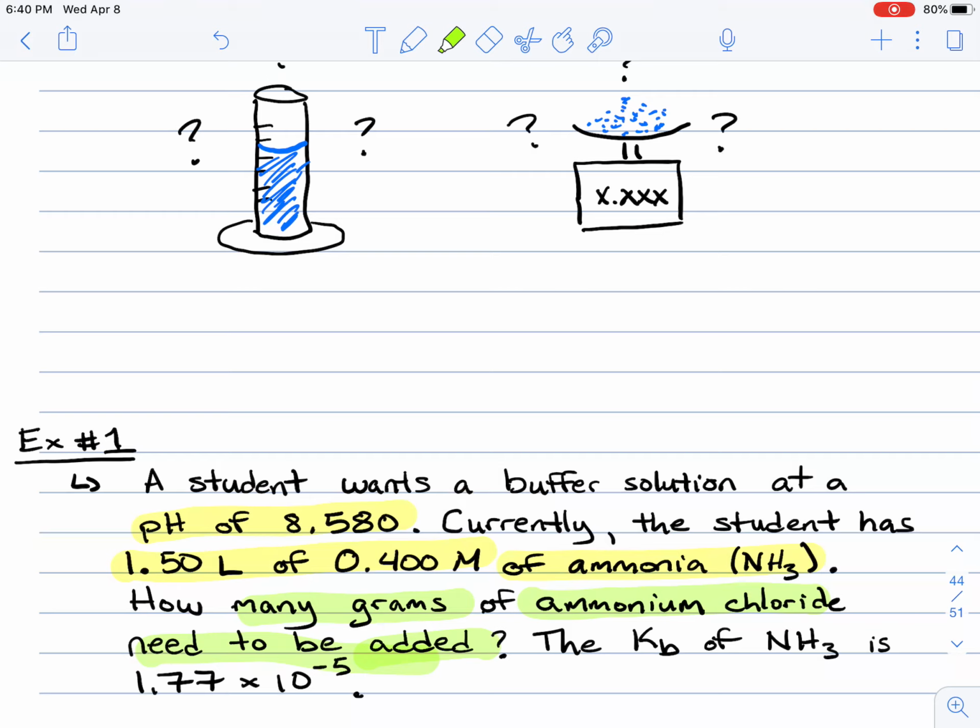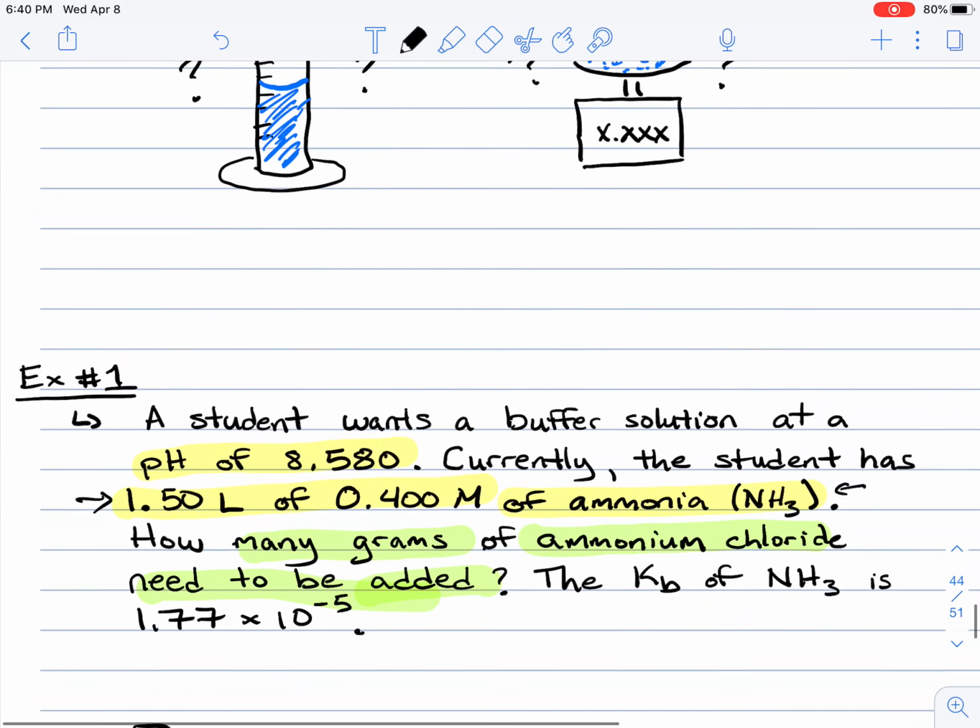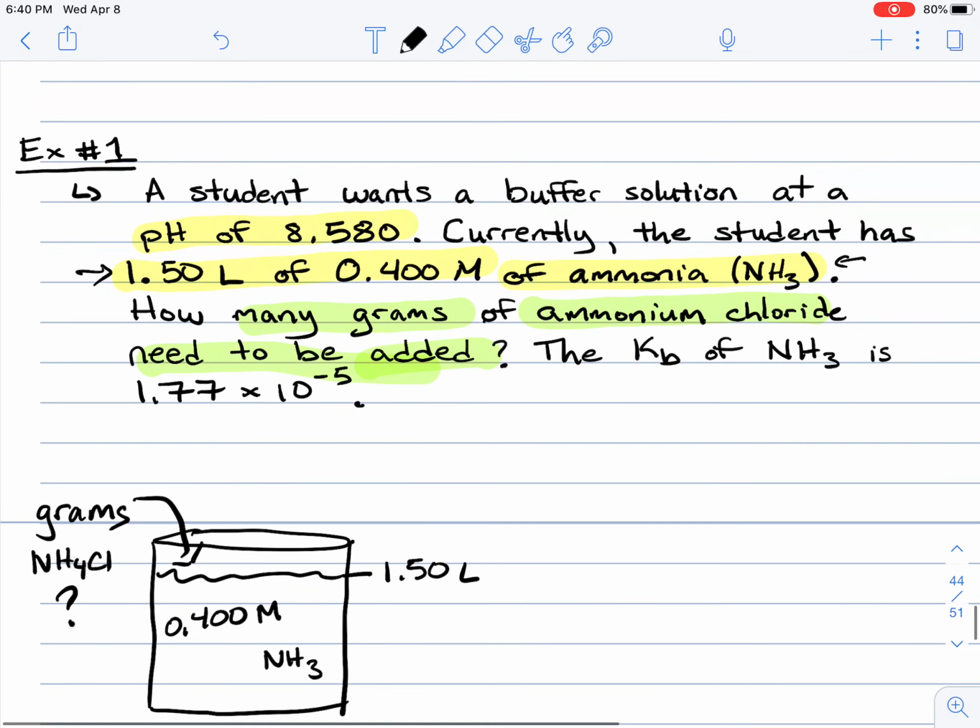When I personally tackle word problems, I like to visualize what's happening. So I'm going to take a step back and draw or imagine what this question is trying to describe. If I were a student and I have 1.500 liters of 0.400 molar ammonia, I would draw something like this.